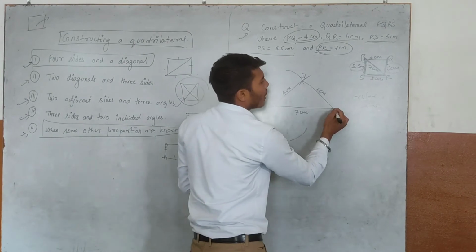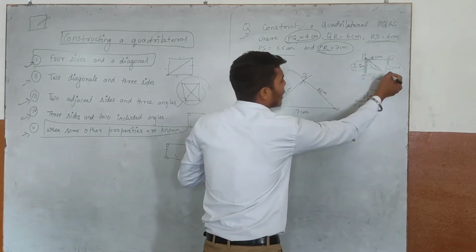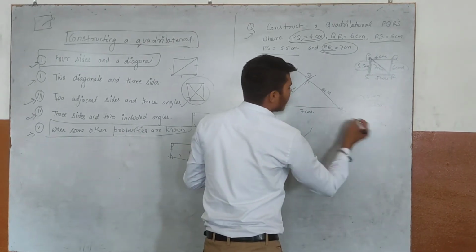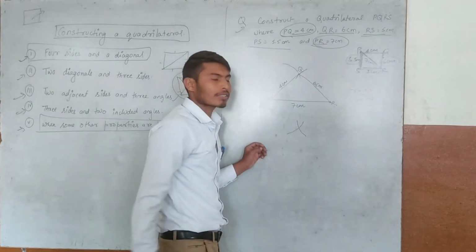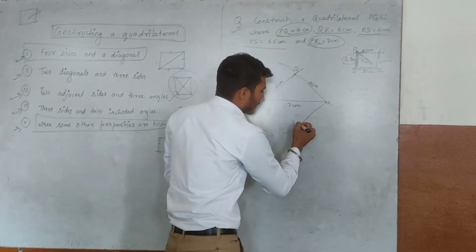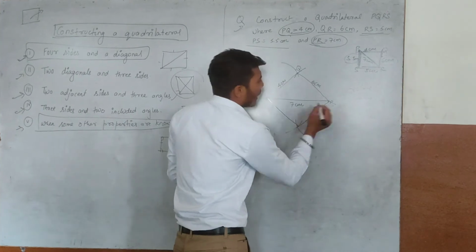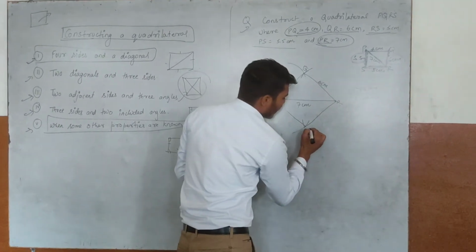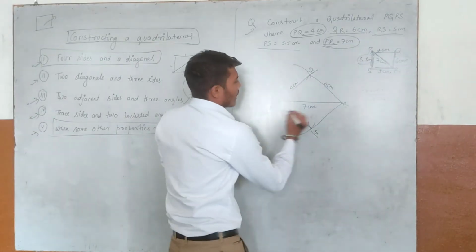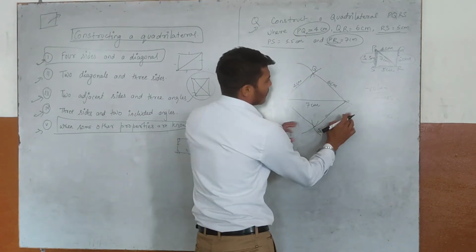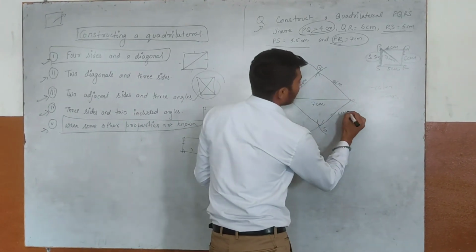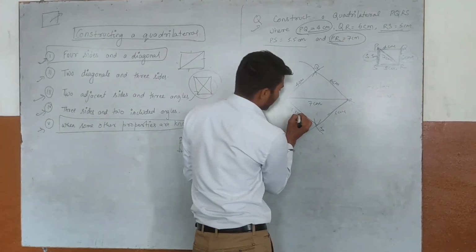Next, from point R, with a measurement of 5 centimeters, it will cut like this. Then we simply join the points and name the point S. And simply write the measurements, 5 centimeters and 5.5 centimeters.